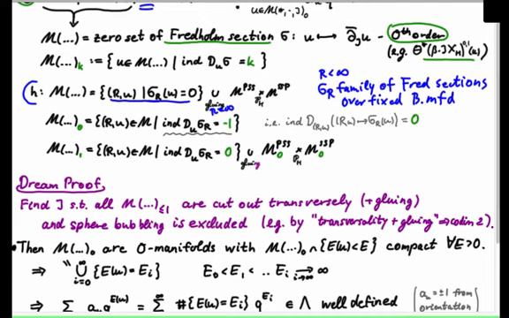Sphere bubbling I might be able to exclude if the J also makes all holomorphic sphere moduli spaces transverse, and if the gluing is transverse enough, then gluing in spheres says they're codimension 2, but I only have dimension 1. So yeah, it's believable, right?